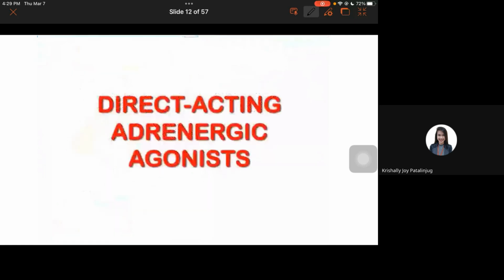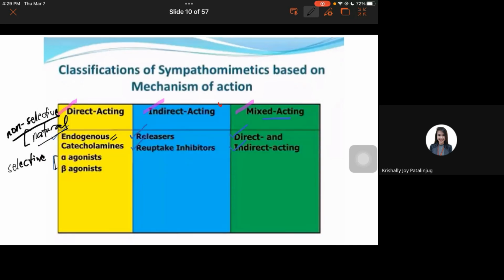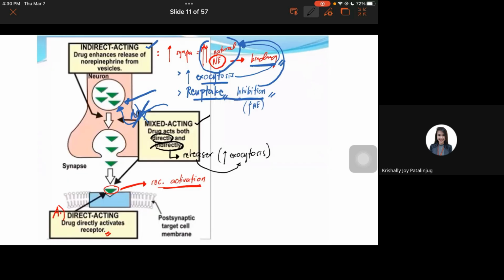So this time, we will be discussing the sub-classifications per general class ng sympathomimetics. So uunahin natin yung mga direct acting. Again, we have the natural catecholamines and then alpha beta agonist.